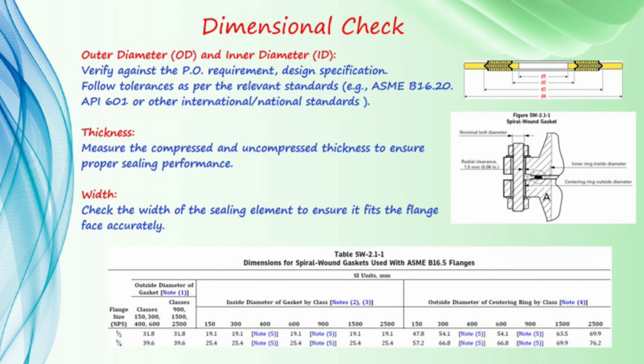Now in the dimension check parameter, the QC inspector shall check the outer and inner diameter of the gasket. I have shown the images where ID is symbolized as D1 and OD is symbolized as D4.